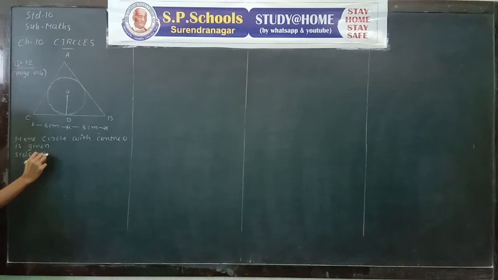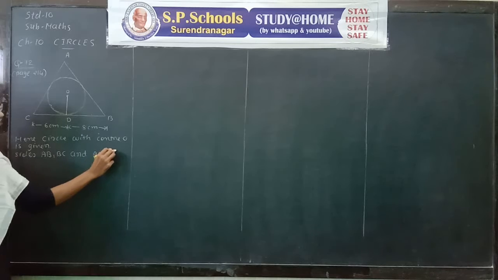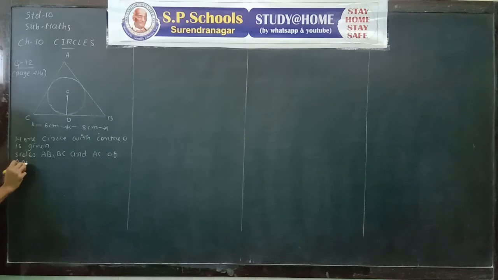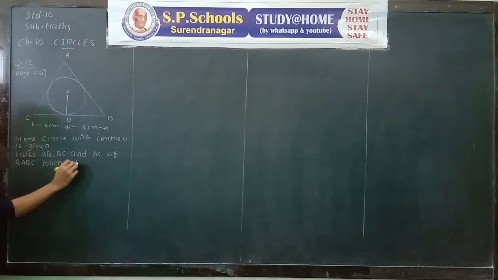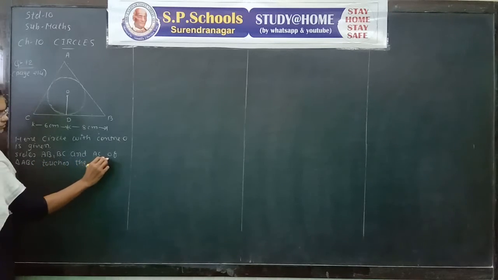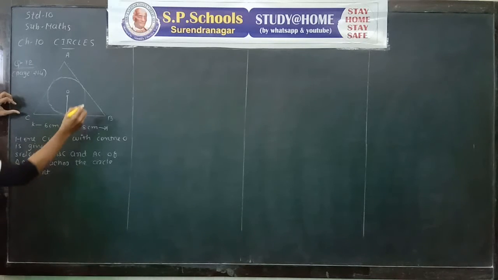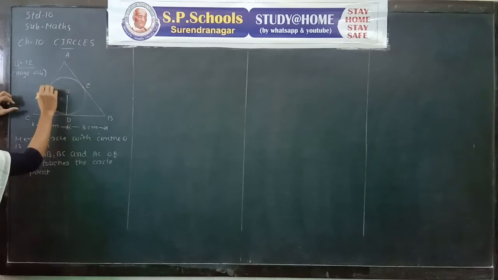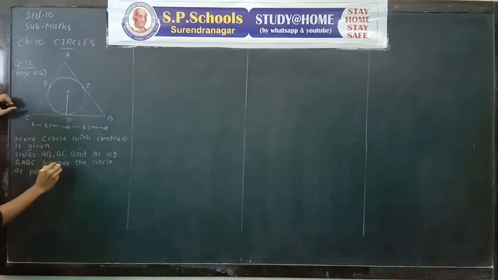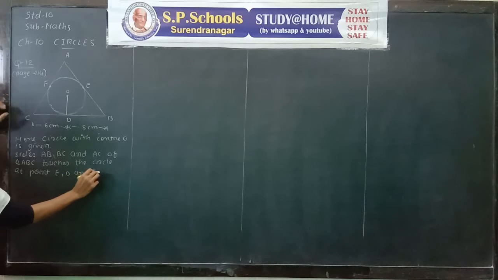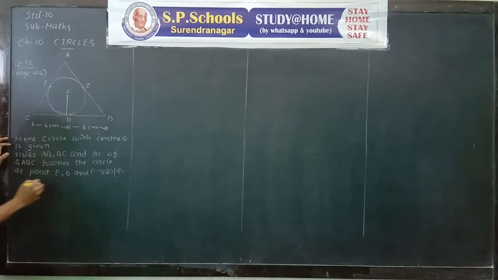Sides AB, BC and AC of triangle ABC touch the circle at points. AB touches the circle at E and AC at F. Already D is given on BC. The points are E, D and F respectively.